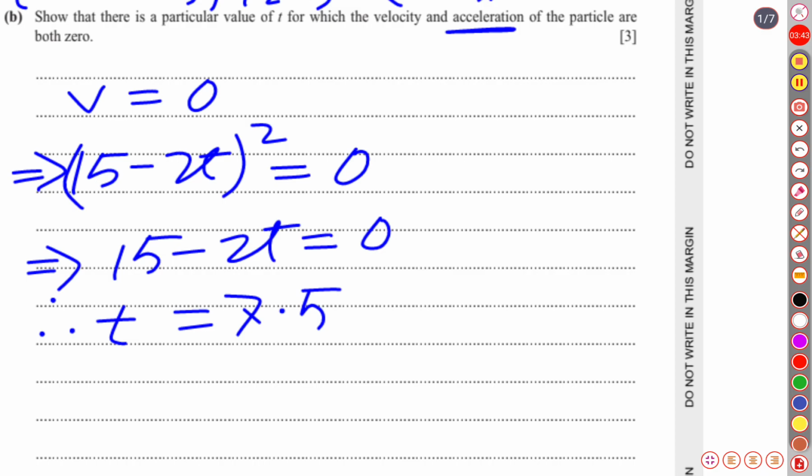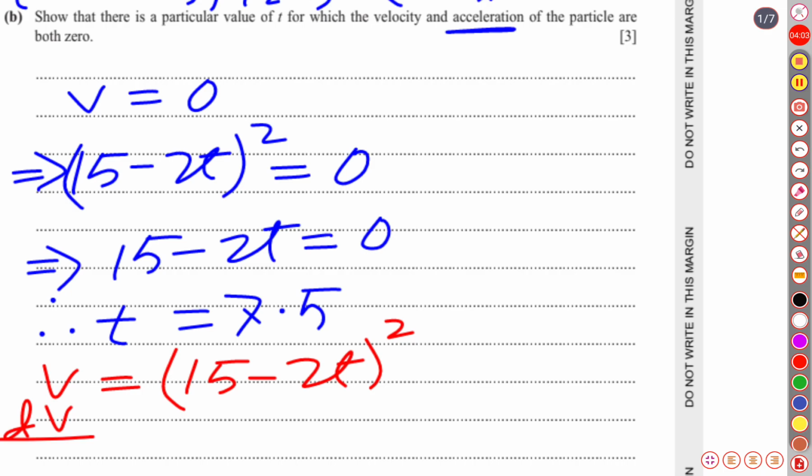So let's find the acceleration. For acceleration, we will find the derivative of velocity. So v is (15 minus 2t) whole squared. If we differentiate both sides, dv over dt equals 2, then we differentiate the inner part, which is negative 2.